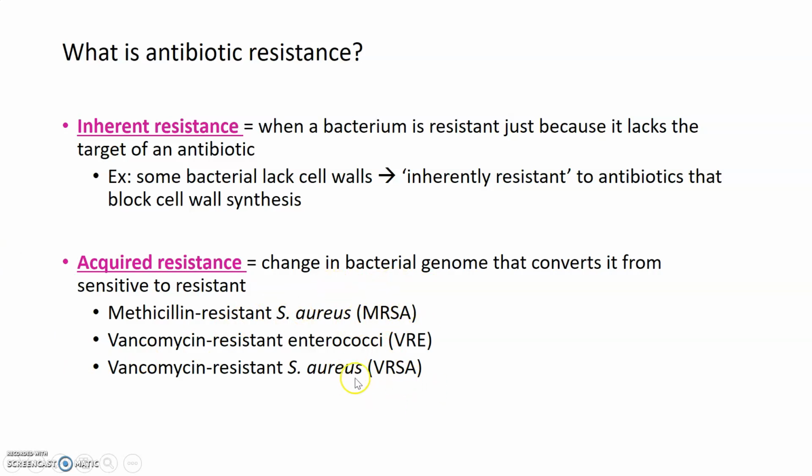They're both versions of the Staph aureus bacterium. MRSA is methicillin resistant, so penicillin resistant, and VRSA is vancomycin resistant. There are also Enterococcus species, or intestinal pathogens, that are resistant to vancomycin, and interestingly, the vancomycin resistant Staph aureus, or VRSA, actually acquired its resistance to this antibiotic from an Enterococcus species.